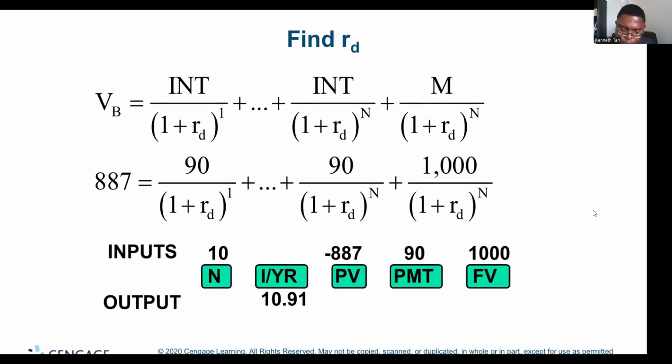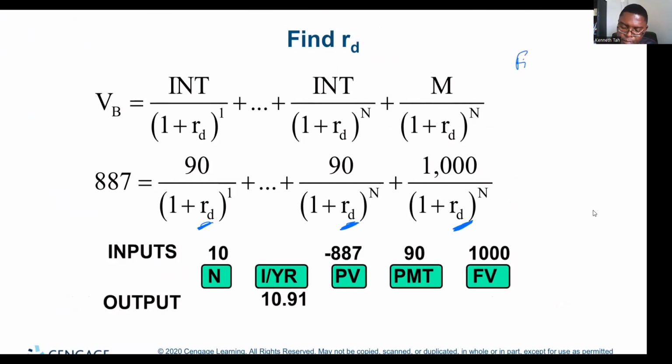To do this manually, where we are trying to get this yield to maturity, becomes challenging. So the financial calculator will get this easily for us because we have everything in place. So we are basically interested in computing I/Y.